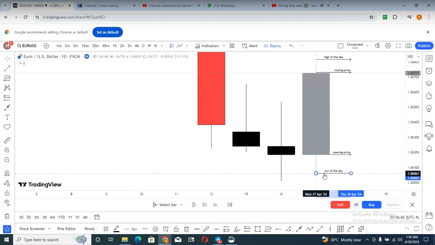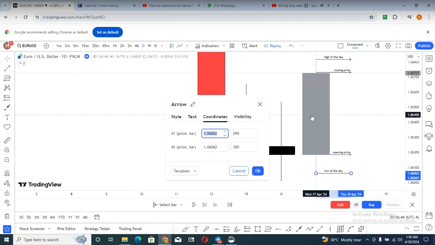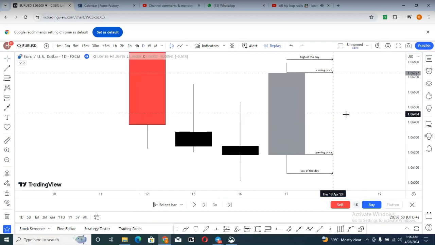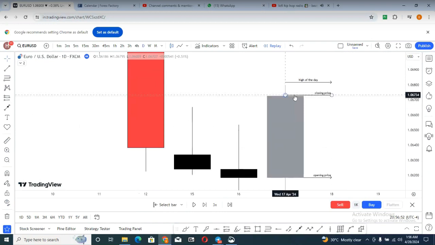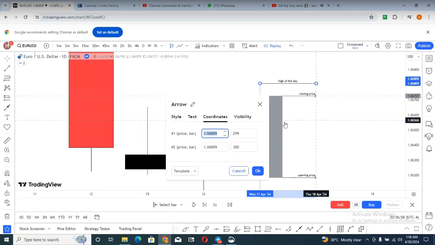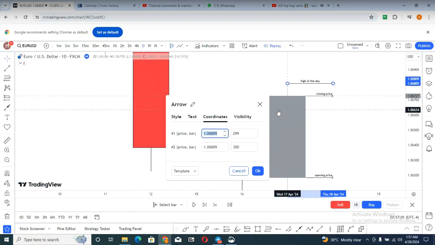Okay. And that's the low. Now we have the high created here. Now look at the high created. What's the high value?